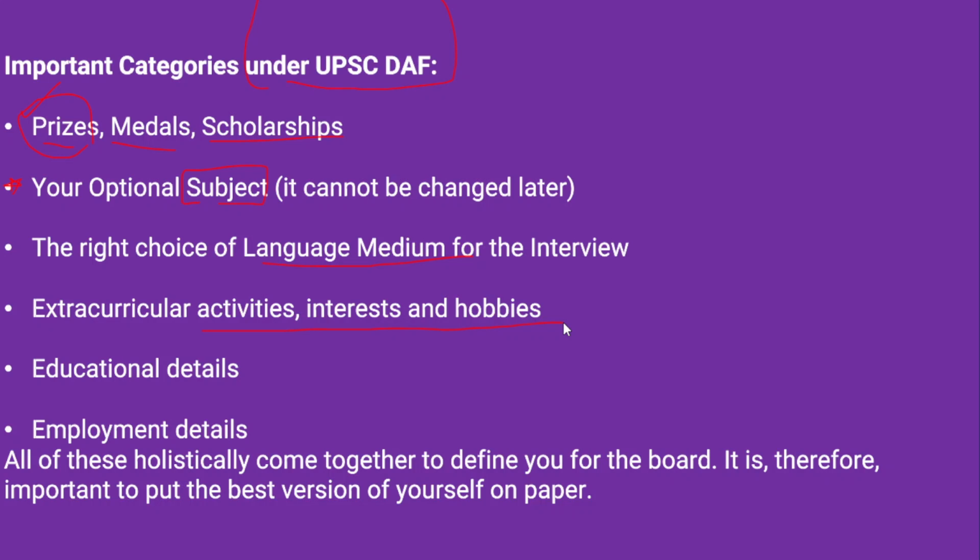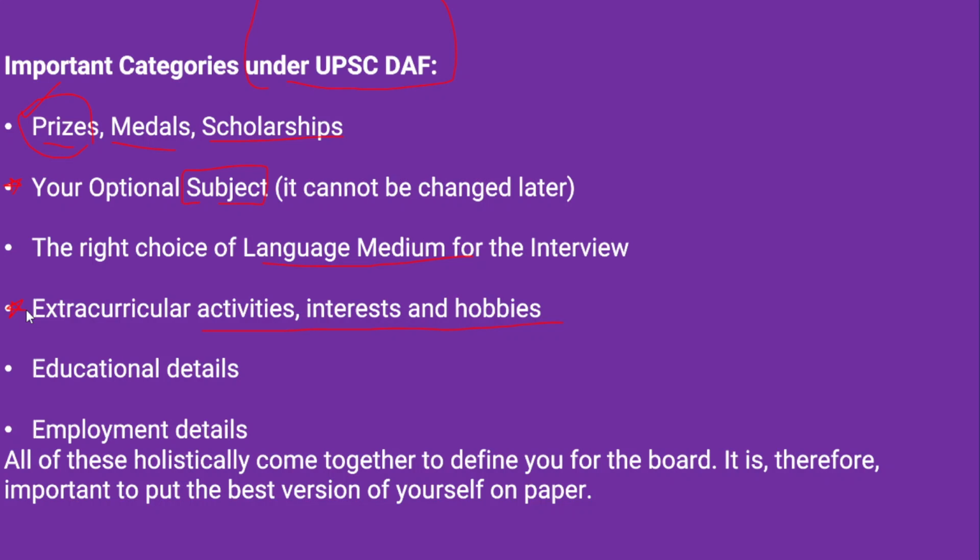So therefore it is very important and very crucial that UPSC board members will also ask more questions on your extracurricular activities. For example, few candidates write traveling as a hobby, few candidates write about self-riding of bikes, or spending time with friends, everything.